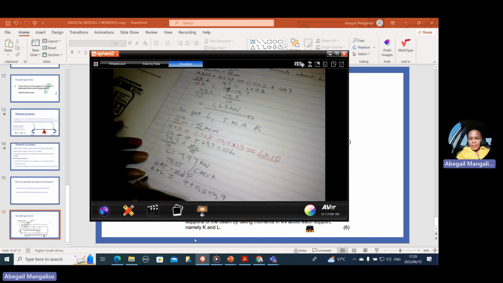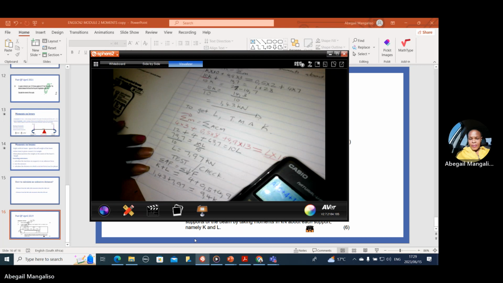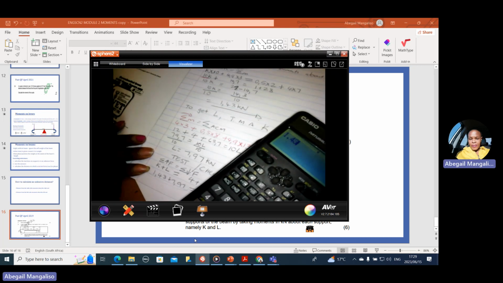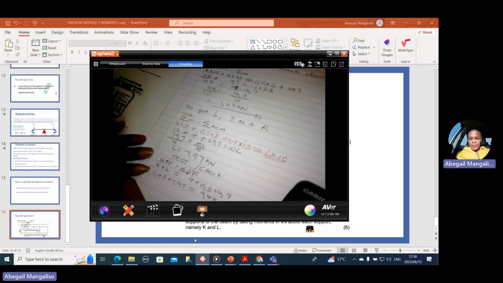K and L: 1,43, the value of K, and the value of L is 7,97, equal to the sum of this side, which is 9,4 kilonewtons. When we add this side, 1,43 plus 7,97, the answer is 9,4.